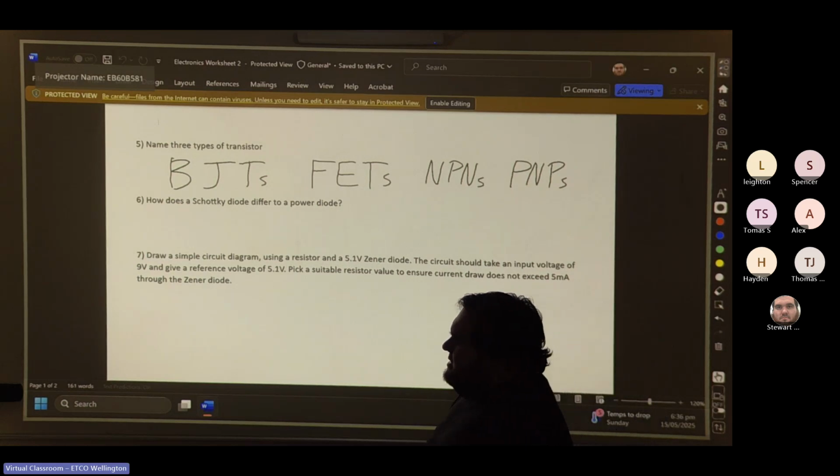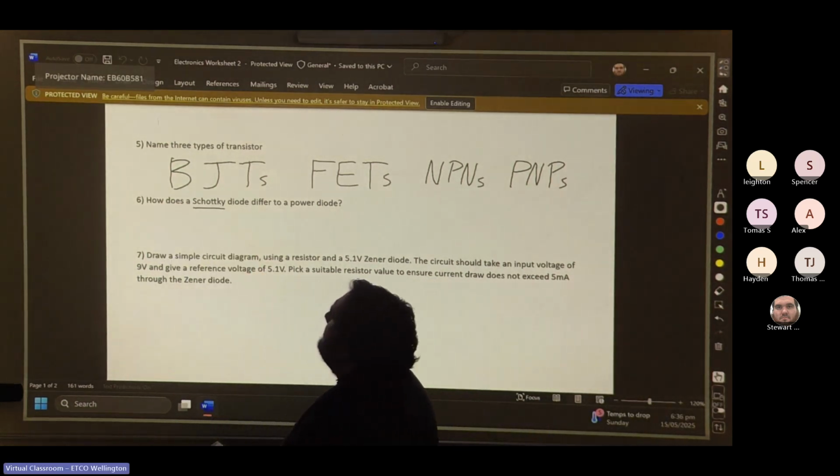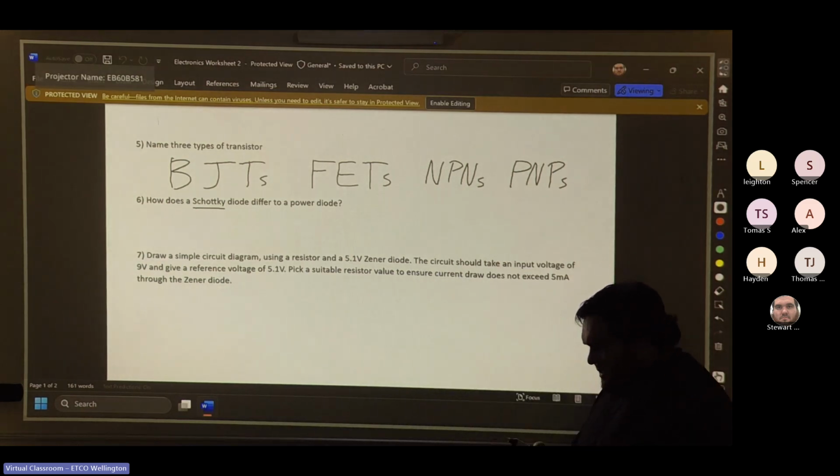Cool. So we haven't covered this, but have a look up for it. How does a Schottky diode differ from a power diode?